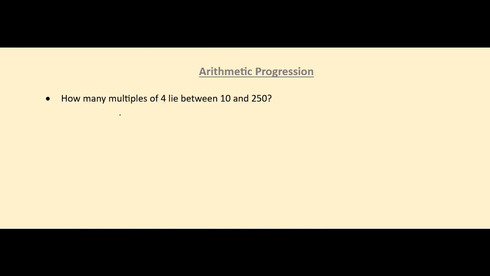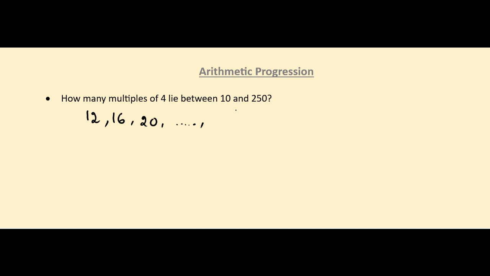Next question: how many multiples of 4 lie between 10 and 250? Let us write the multiples of 4 which lie between 10 and 250. 10 is not divisible by 4 and 11 is also not a multiple of 4. 12 is a multiple of 4, then after 12, 16, 20 and so on.